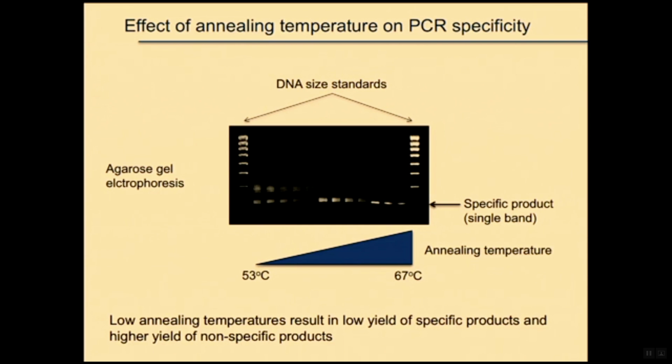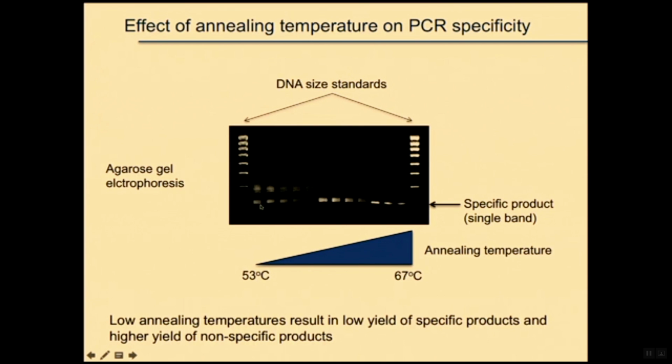Okay, so this is an example of using a lower annealing temperature versus a higher annealing temperature in your PCR reaction. If you use a lower annealing temperature, this is the band of the DNA that you want. These are your DNA ladder. You always run a DNA ladder in agarose gels to make sure that you know what size fragments you're looking for.